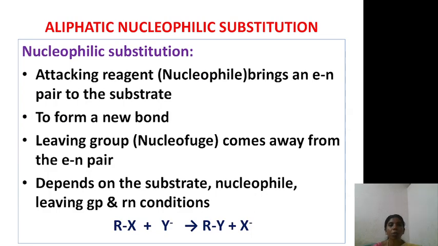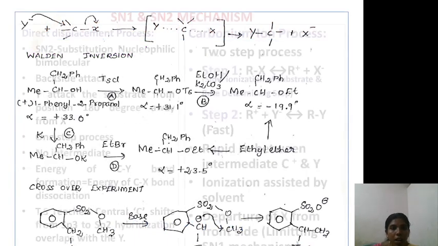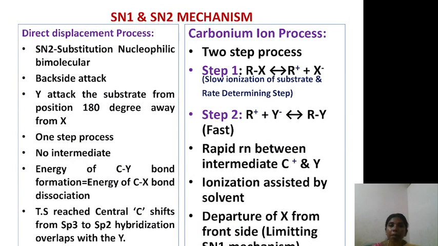Next, aliphatic nucleophilic substitution has two types of mechanisms, SN1 and SN2 reactions. SN2 is substitution nucleophilic bimolecular, so that is known as the SN2 mechanism.